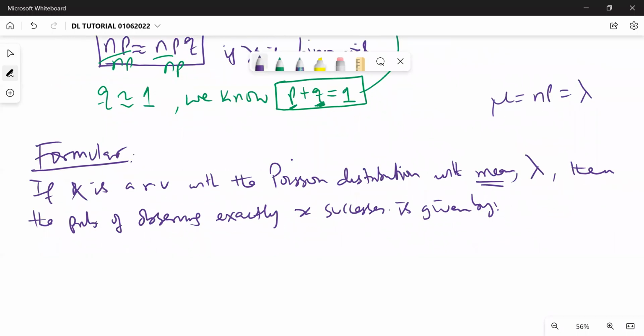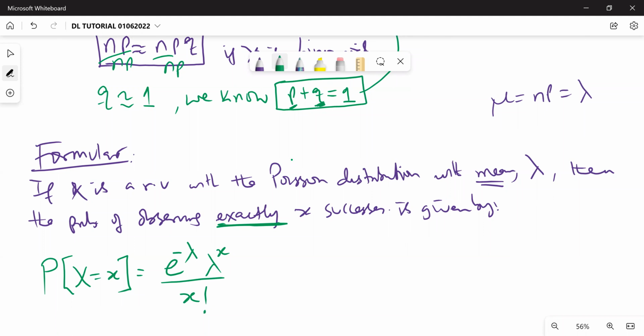again here we're talking about an exact number of successes. So this is given by the probability that capital X is equal to small letter x, which is e to the power minus lambda, times lambda to the power x, divided by x factorial. That exclamation mark there is the factorial symbol. It's a mathematical symbol.